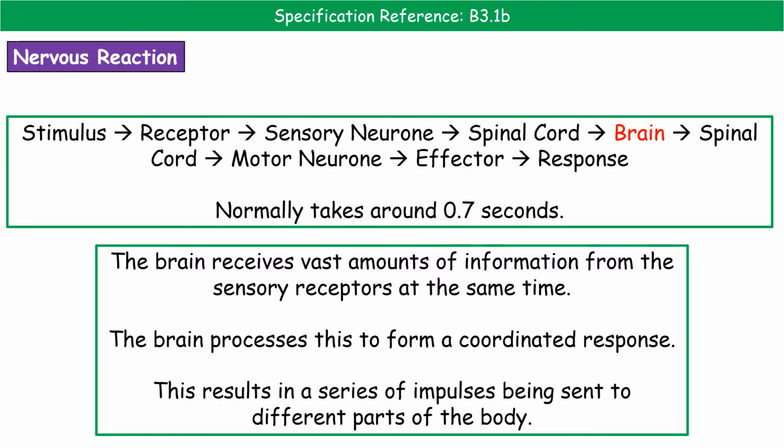Rather than just saying, I'm sensing an increase in temperature, we also take information from our eyes to say it's because there's a fire in front of me, therefore I need to run in the other direction. So it takes a lot of information to bring about this coordinated response and make sure we're responding in the right way. It can send a range of impulses to different parts of the body to bring about the right response.